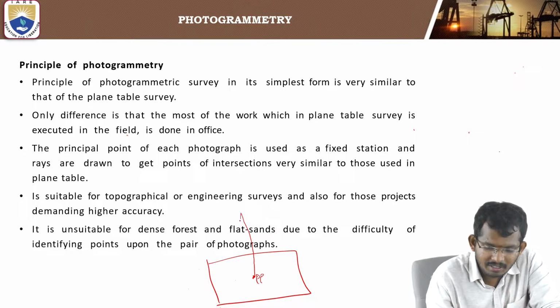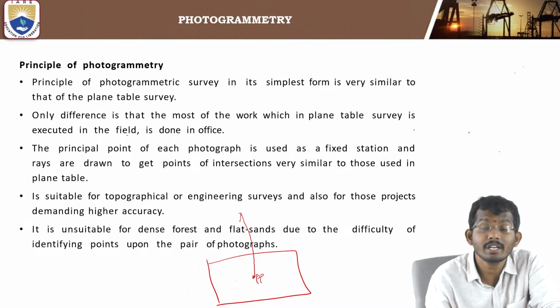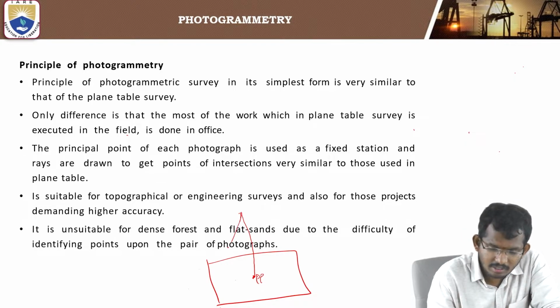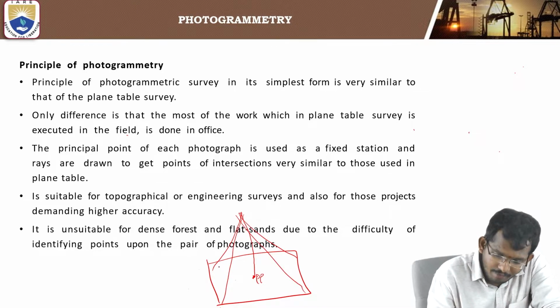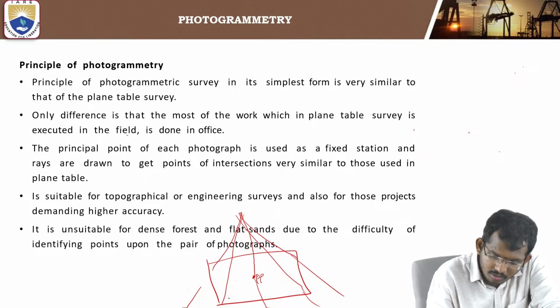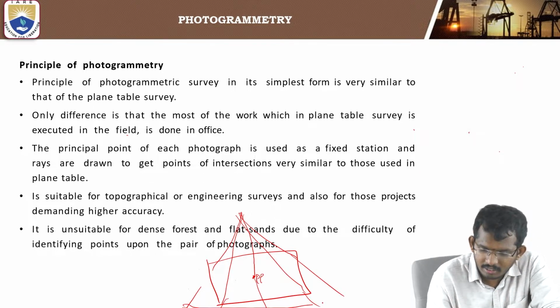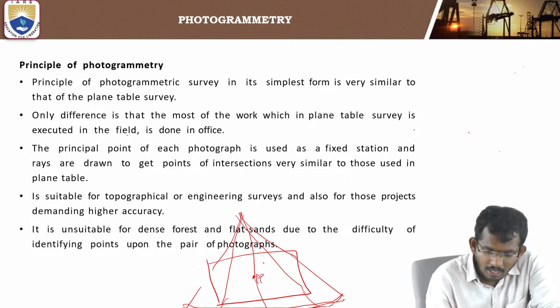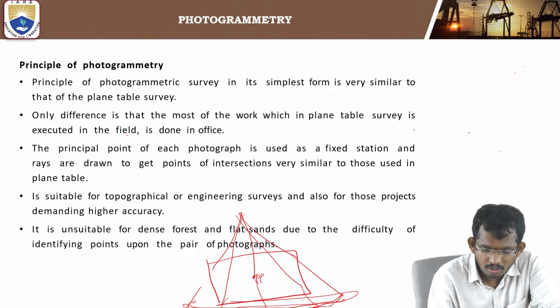So the line passing from the center of the camera axis to the center of the photograph gives the principal point. And this camera will focus in all four directions like this, and from here it passes to the ground. So on the ground you can see different types of images. This is a photo in the film, and this is the portion which you are capturing on the ground.